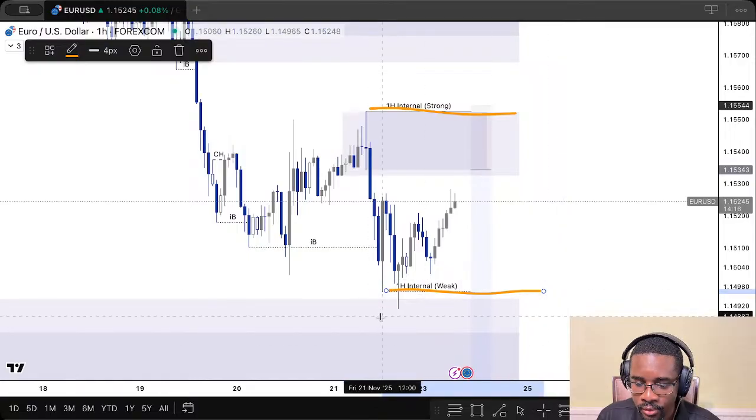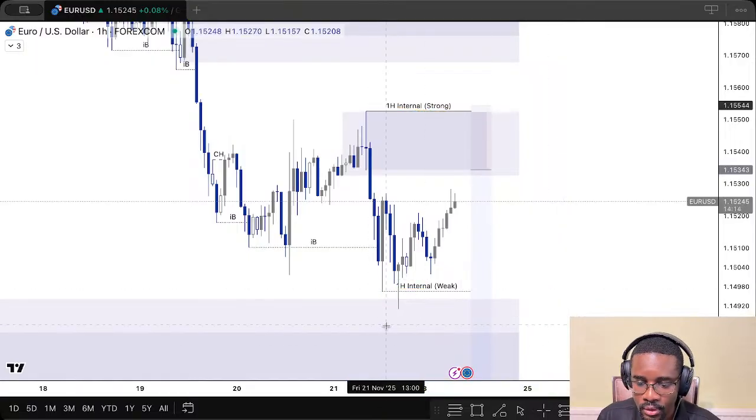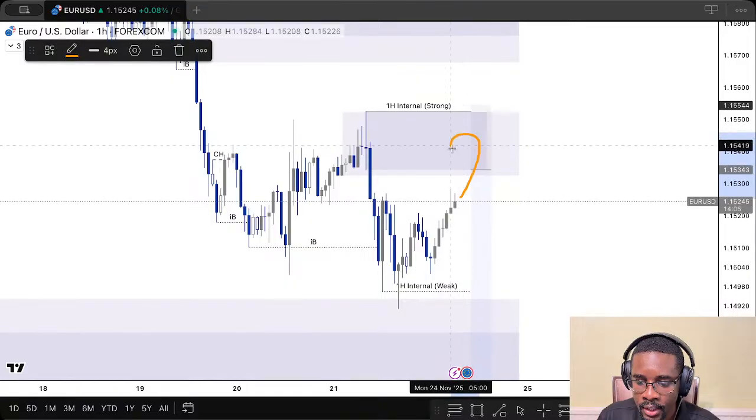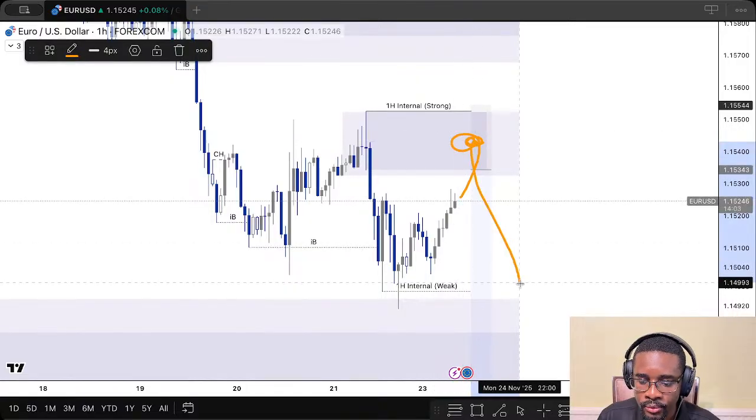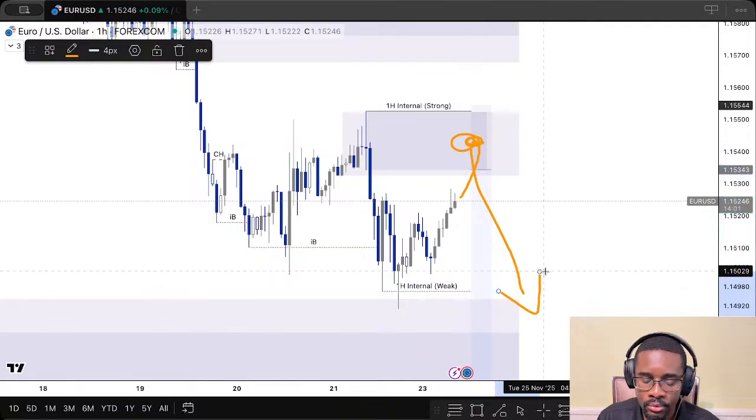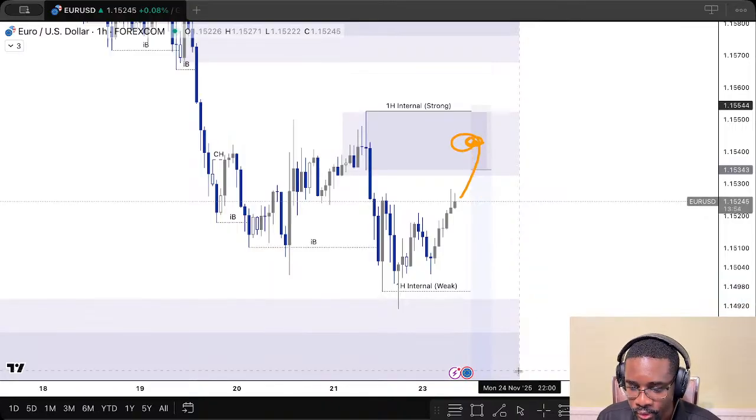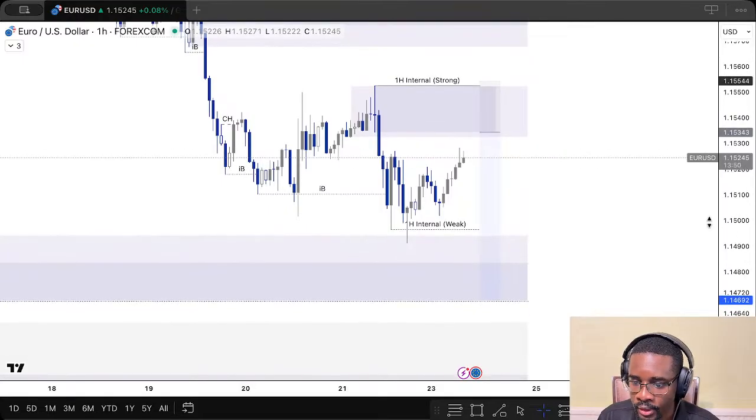So if that's the weak internal low, the expectation now is price will mitigate this area before we have a drop. So that is the trade idea that I'm banking on at the moment.